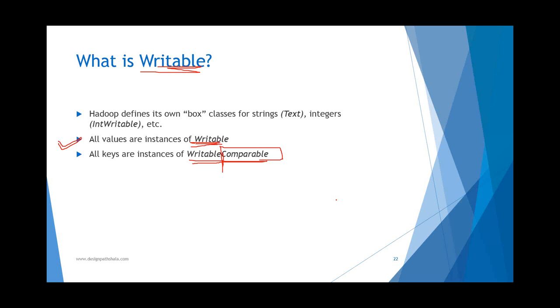So that comparable function has to be there, which tells which object is smaller than the other. If I say the first name is the comparable feature by which I can compare the employee objects, that needs to be implemented, and that's the reason keys have to be comparable, so that when the sort and shuffle phase is trying to sort the keys, it is able to sort them in ascending order. Make sense?